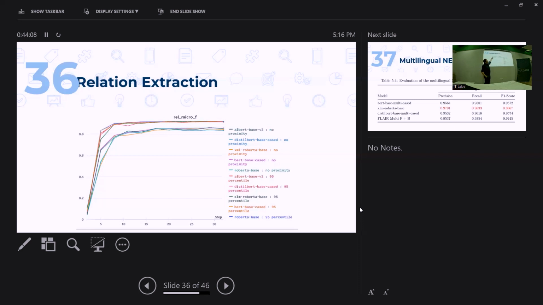I will call this proximity cleaning. And you can see that the results, of course, improve when you have this kind of knowledge integrated into relation extraction.